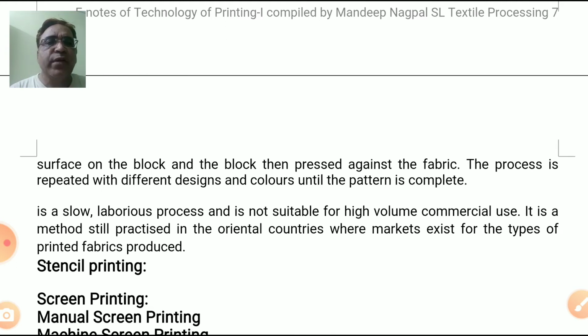We find fabrics of very ancient times which were made by blocks. Nowadays also this method is in use because there are many kinds of printing required by the market. So block printing is one of them which is still used because it is the demand of the market.